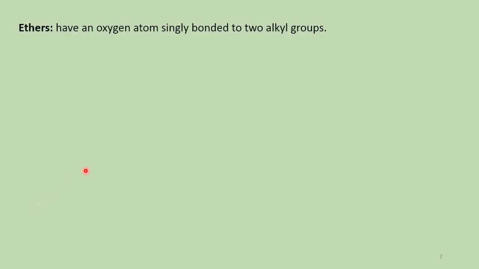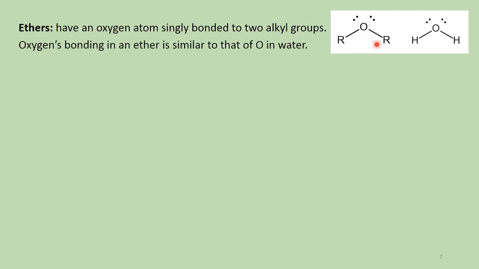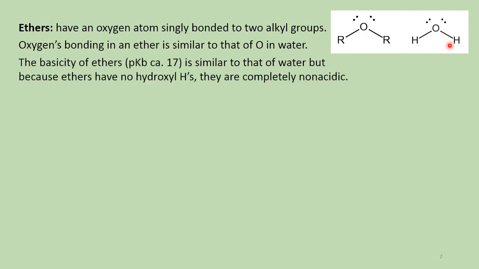Ethers have an oxygen atom that is singly bonded to two alkyl groups, as illustrated in this structure. Now the oxygen's bonding in an ether is very similar to an oxygen's bonding in water. And so the basicity of an ether, pKb about 17, is similar to that of the basicity of water. It's the same oxygen donating the same-ish pair of electrons.